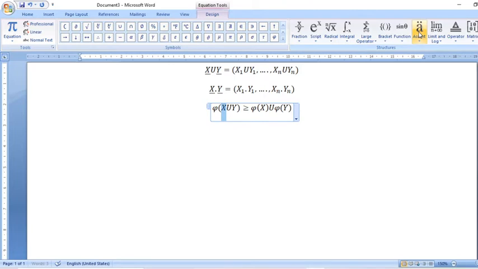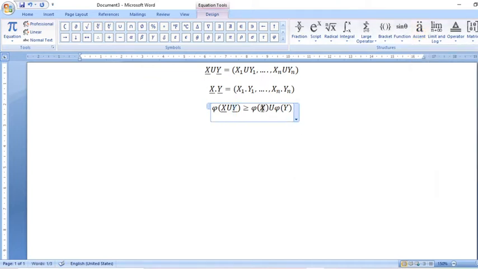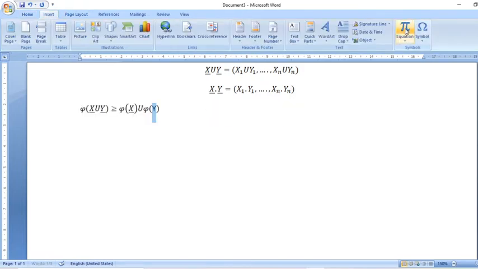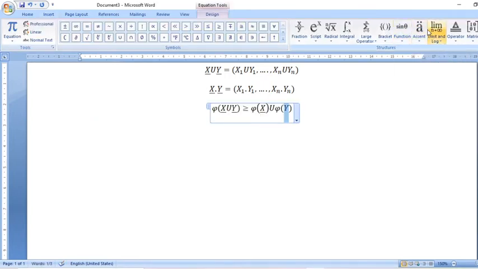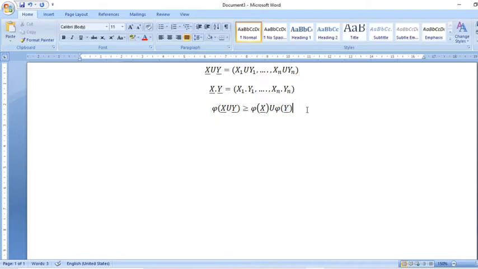We have to use the vector notation. Here also we have to use vector notation. Here also we have to use vector notation. So this is the first result we have to prove.